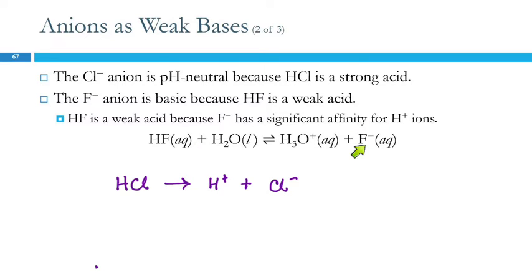So if we put fluoride here, it can react with the hydronium ion and reform HF because this is a weak acid. So these guys are both weak acid, weak base. This is a strong acid. This does not act as a base. Any questions about that? It can be a bit confusing.